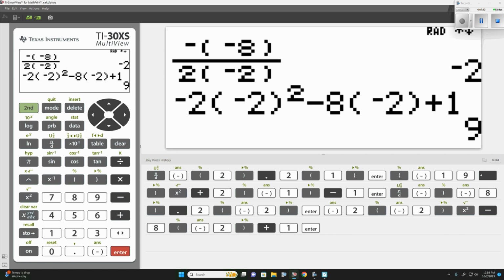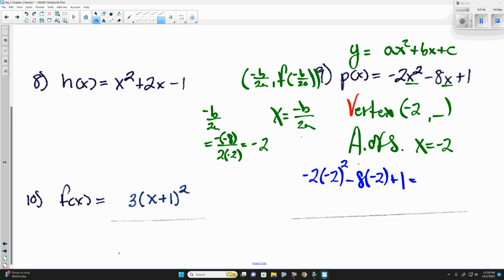And we can type it into the calculator, let it do it for us, and it'll tell us that the value is 9. So the vertex is the point negative 2, 9, and the axis of symmetry is x equals negative 2.